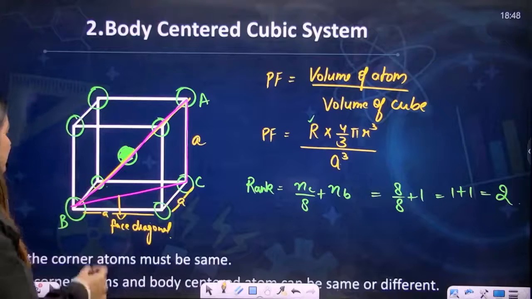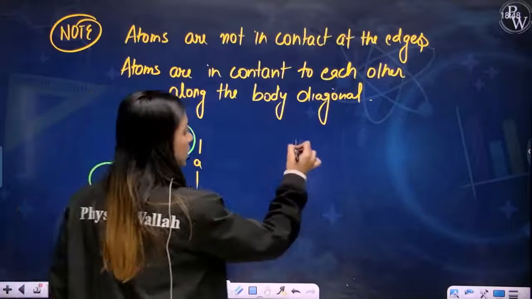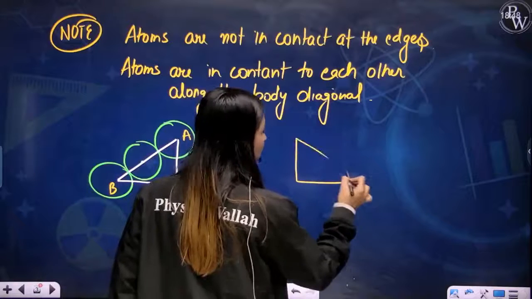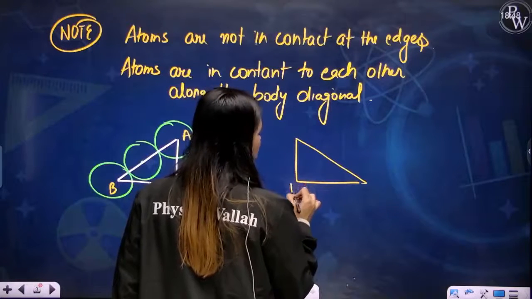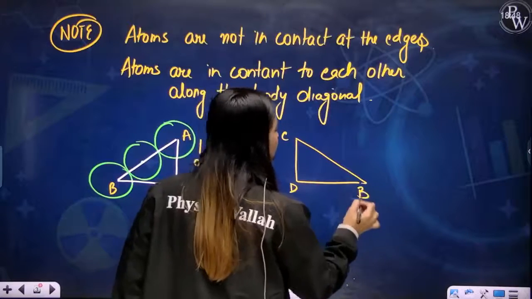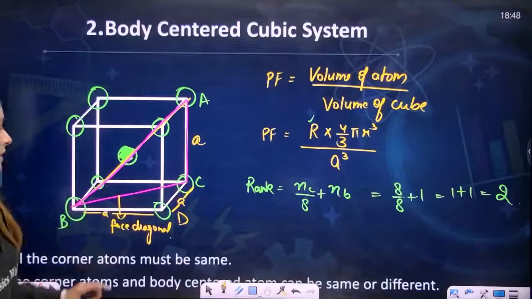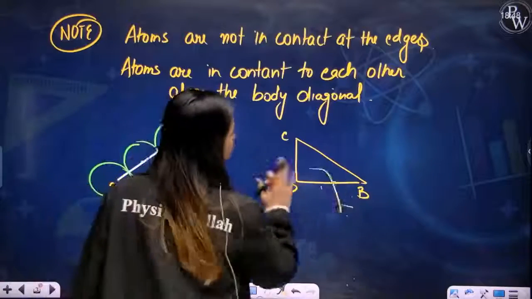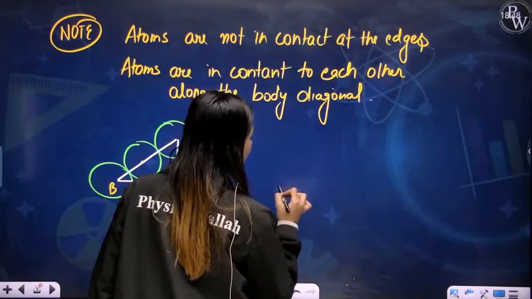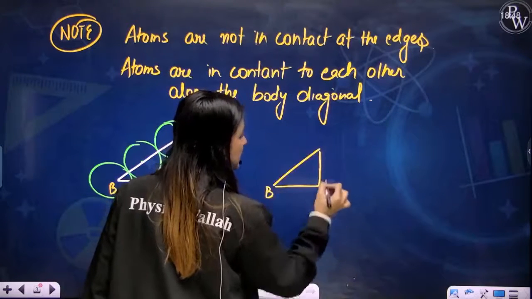So let's say this is some point D. If I draw the triangle here, this is D, this is C, and this is B. I'll draw it like this, otherwise you will get confused. So this is B, this is D, and this is C.